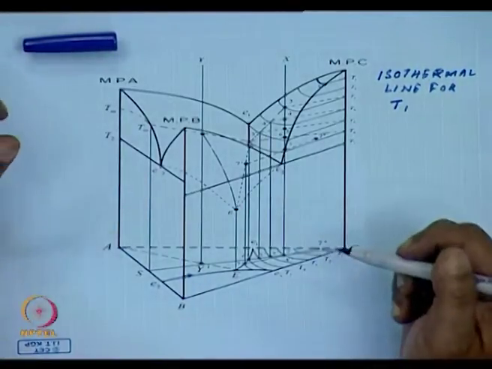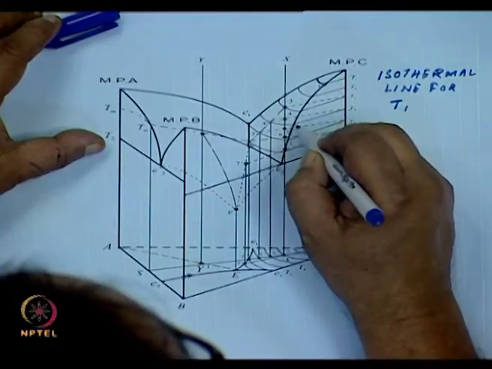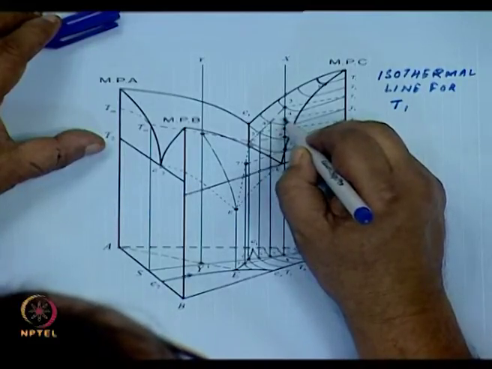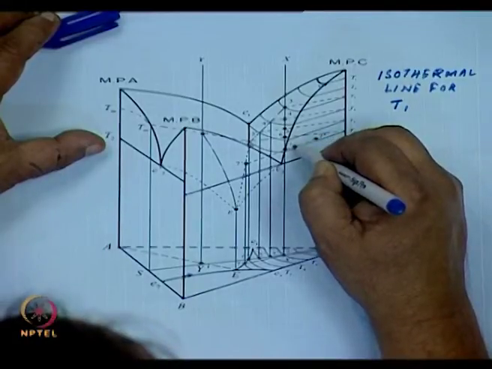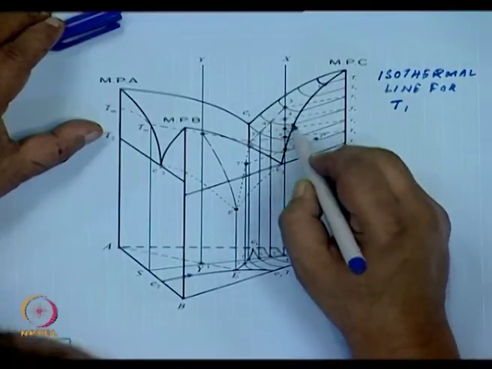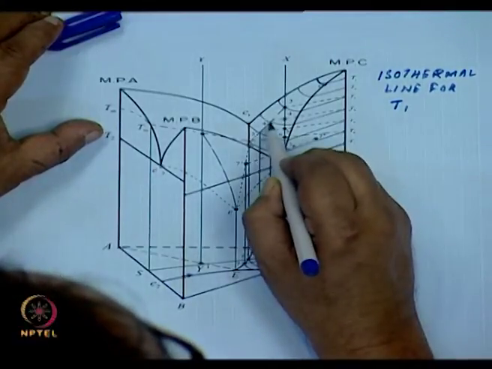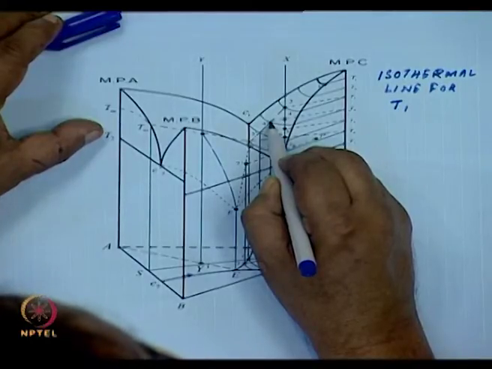I keep going down. At the next temperature at T4, it is intersecting over here. 5, 6, 7. So what happens is, as I keep going down, this T4 is being intersected at this particular temperature on this point of the graph.